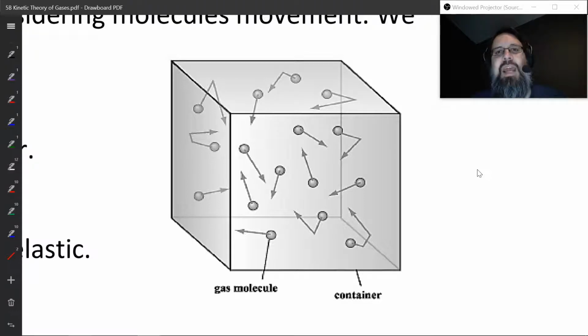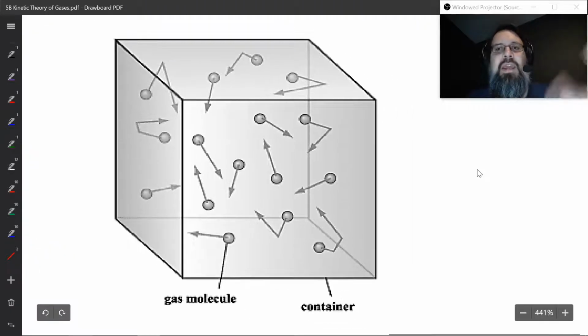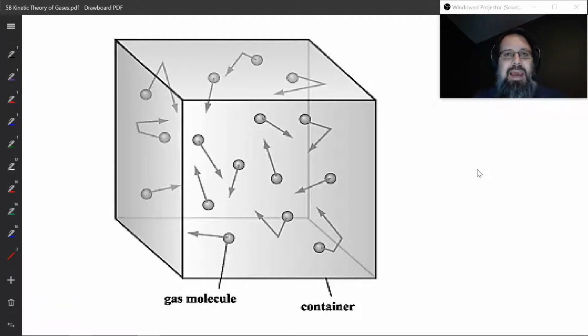So what we want to do today is go into the mathematics and look at the actual physical collisions and model them mathematically using mechanics, with conservation of energy and conservation of momentum. We want to mathematically derive the relationship between these microscopic properties of the particles moving around and the macroscopic properties of pressure and temperature. That's the goal with this lesson.